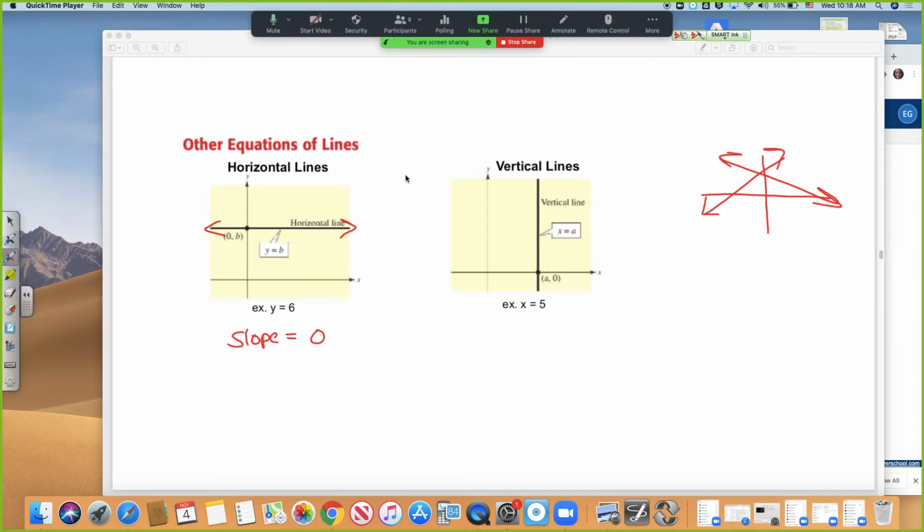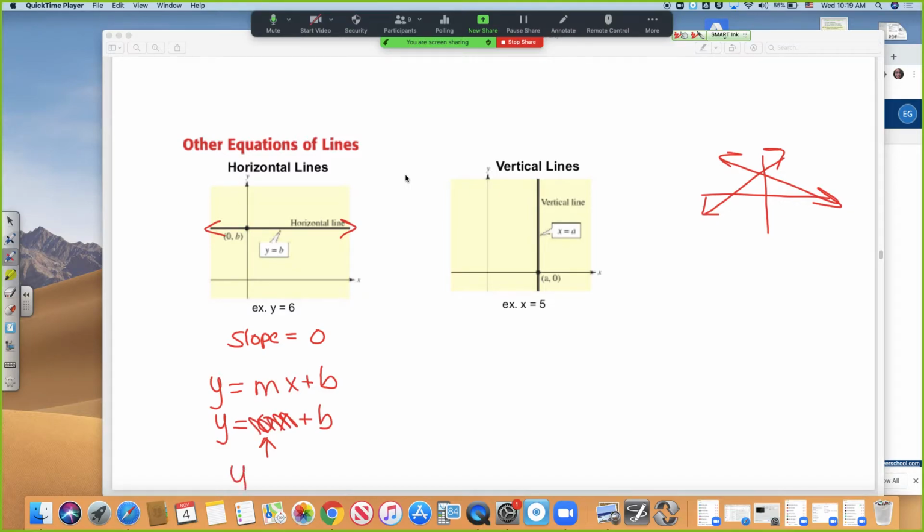So if we were thinking back to slope-intercept form, not point slope, which we just learned, whenever you have a 0 slope, 0 would go in place of m right here. And 0 times anything is just 0. So when you multiply the 0 slope times the x value, that whole thing just goes away.